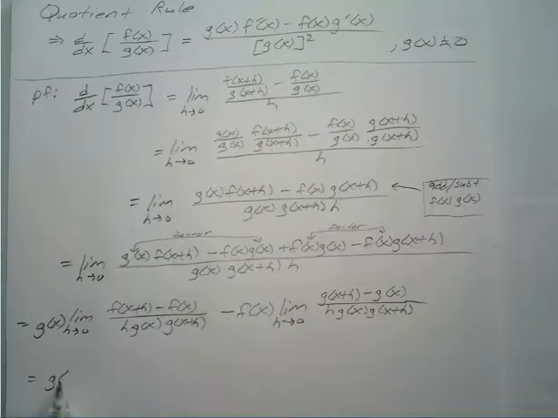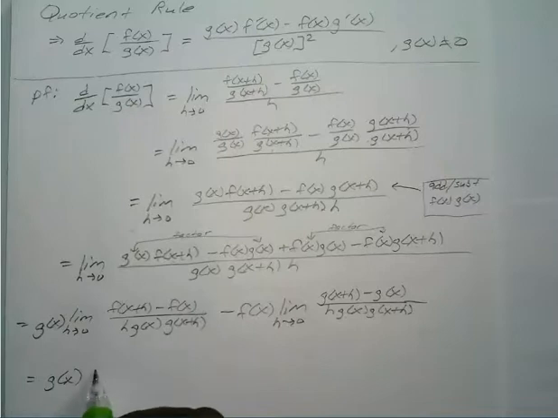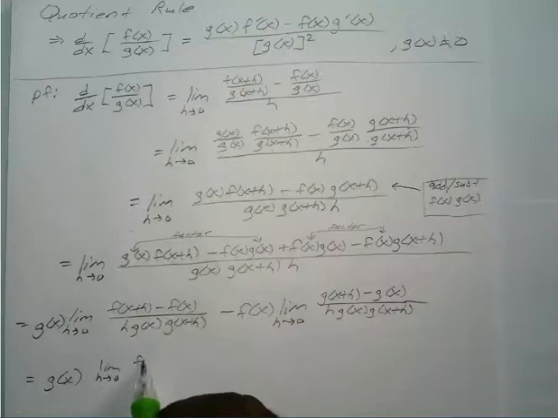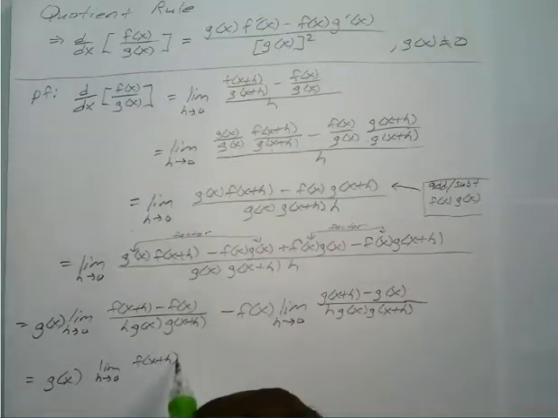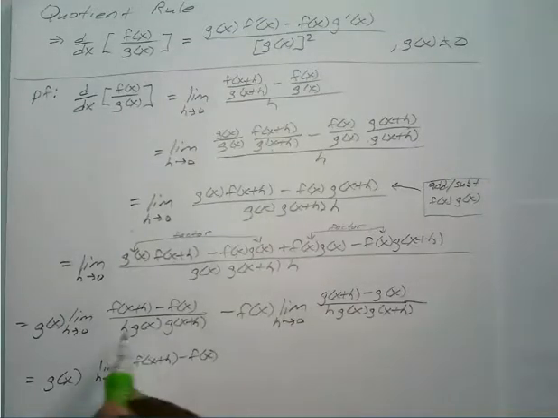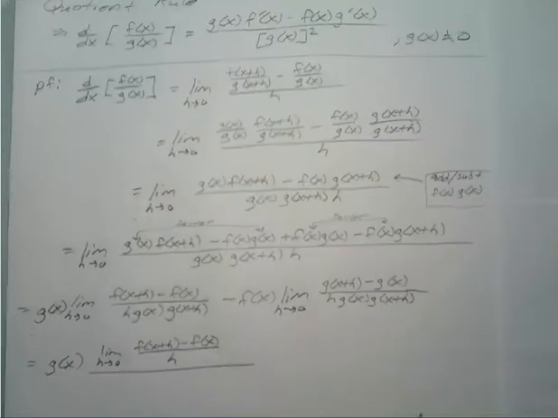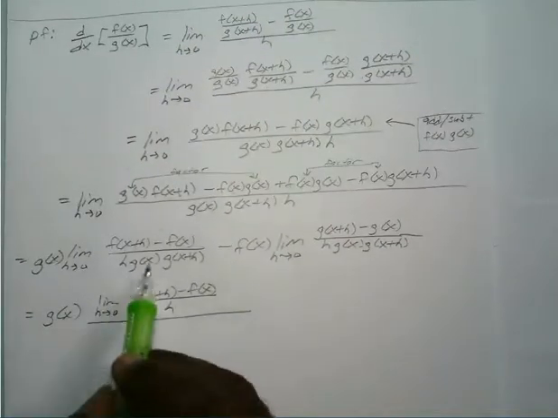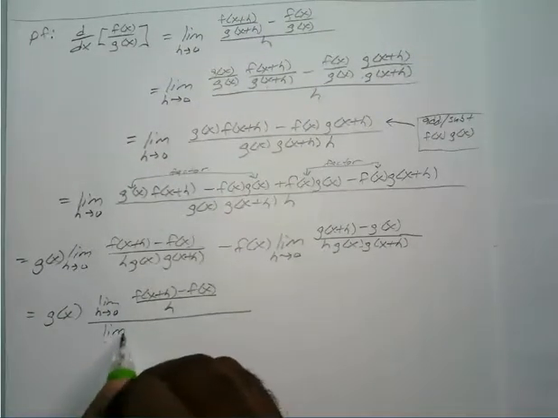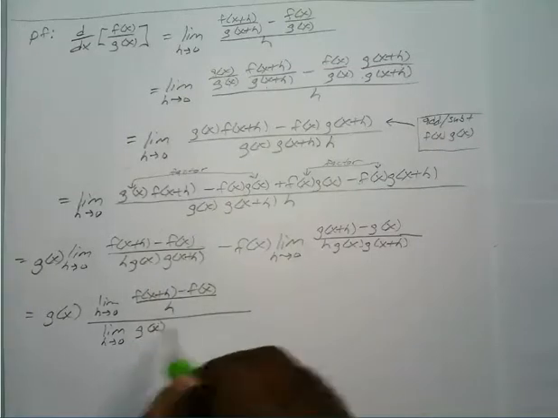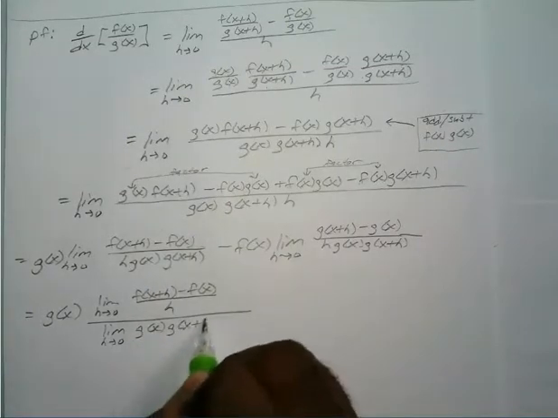Okay, so that's g of x times the limit as h approaches 0 of f of x plus h minus f of x, and we're going to bring that h up top, all over h, divided by the limit as h approaches 0 of g of x times g of x plus h.